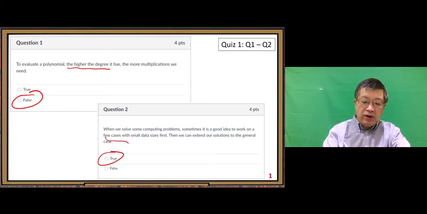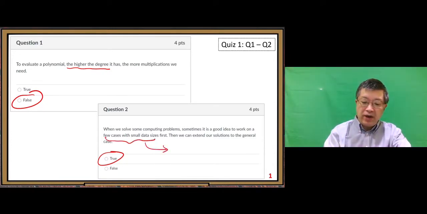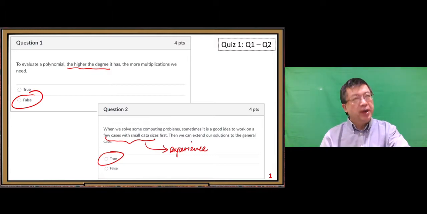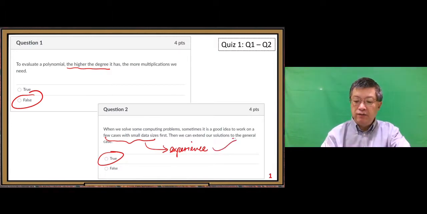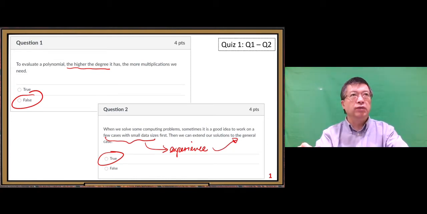When we work on some simple cases first, we can get experience, and we use that experience and some observation to solve the general case of the problem.